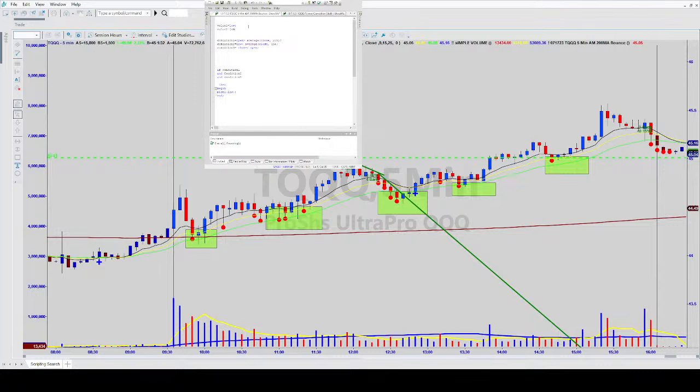let's see, the absolute value of open minus close over range.